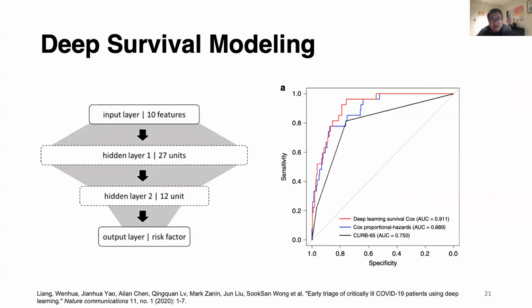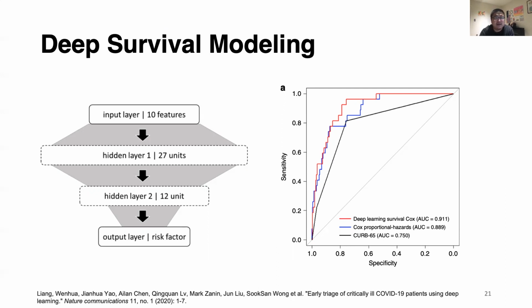The same set of authors also studied another setting, a time-to-event setting, to risk stratify the critically ill patients based on a survival modeling framework, where the only difference is that the final model used for risk prediction is not a simple logistic regression, but a deep survival model.